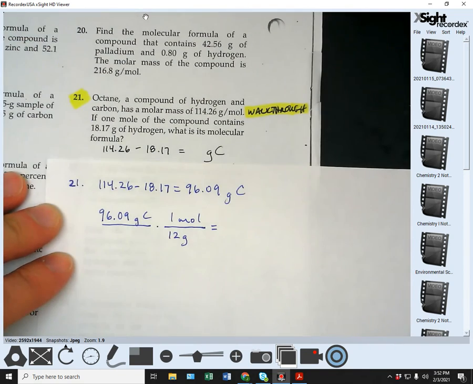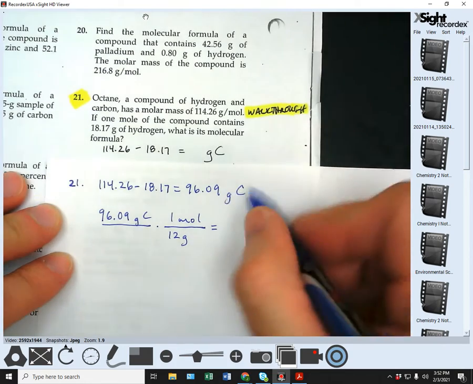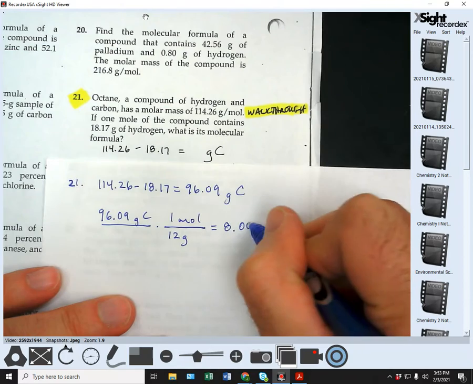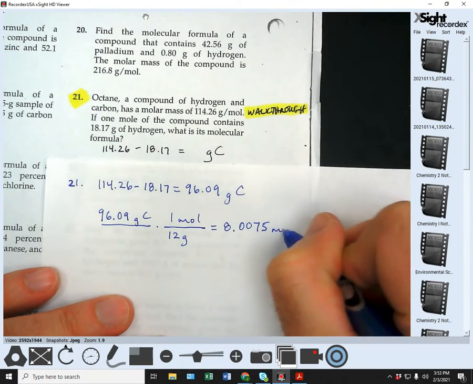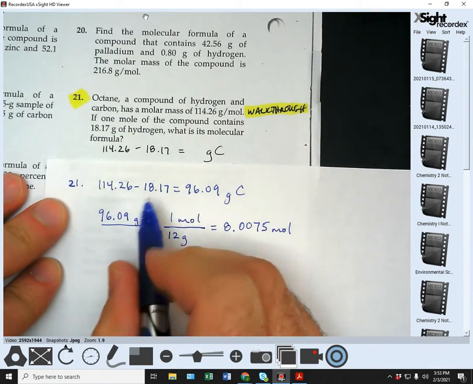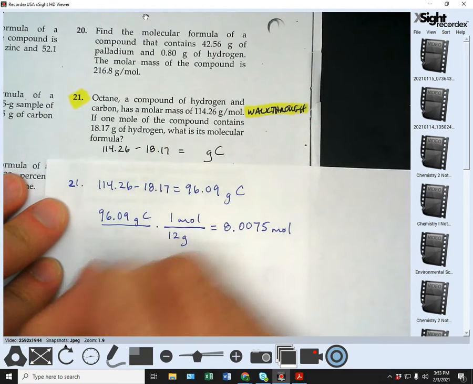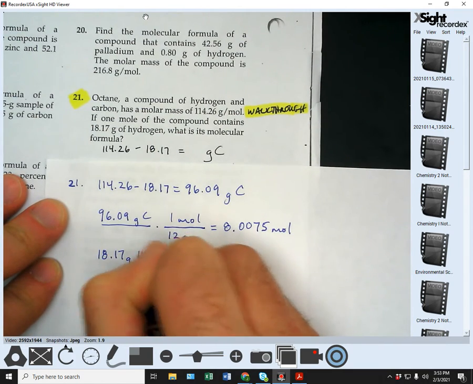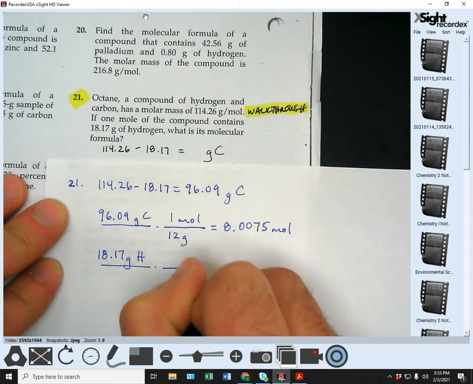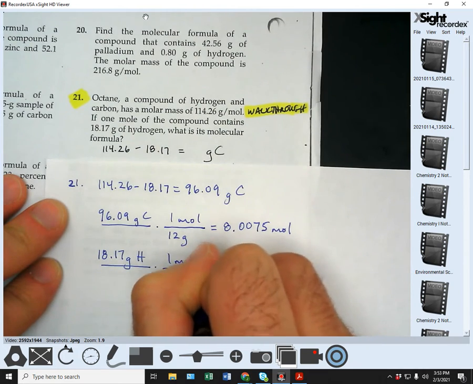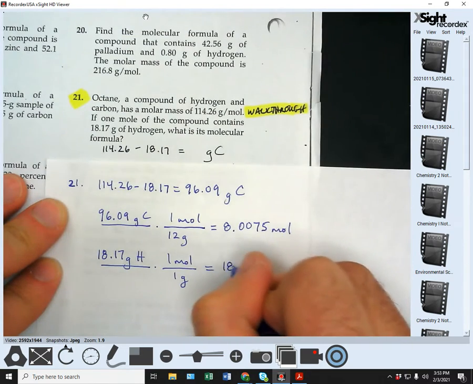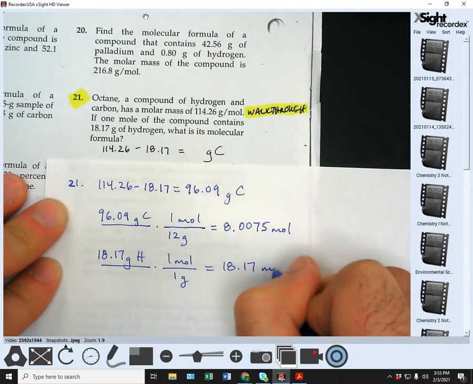So that comes out to be 8.0075. And same thing with the 18.17 grams of hydrogen. Okay, and that gives us this.